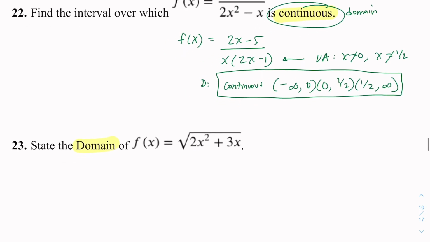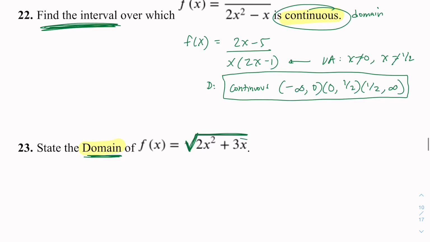Let's look at 23. It could have said find the interval of continuity, or it could have said find the domain. In either situation, since we're dealing with a radical expression, particularly an even root expression, we know we can't take square roots of negative numbers.